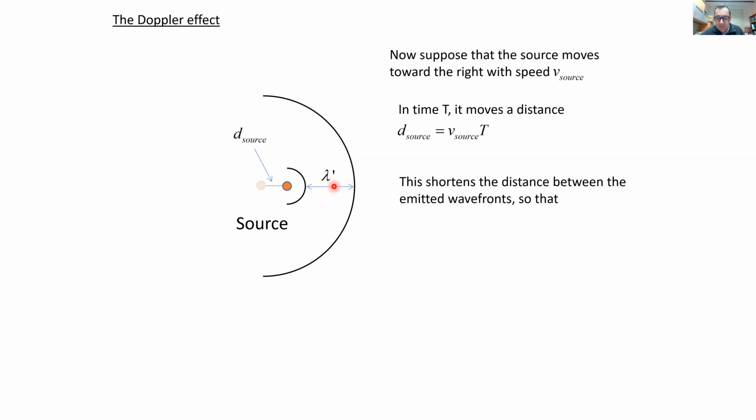So we have that the new wavelength, lambda prime, is the old wavelength minus this distance right here. And that distance is how far the source went in one period. Okay? So here I just plug this equation in there. And now remember that I had this on the previous slide. Period is wavelength divided by v sound.